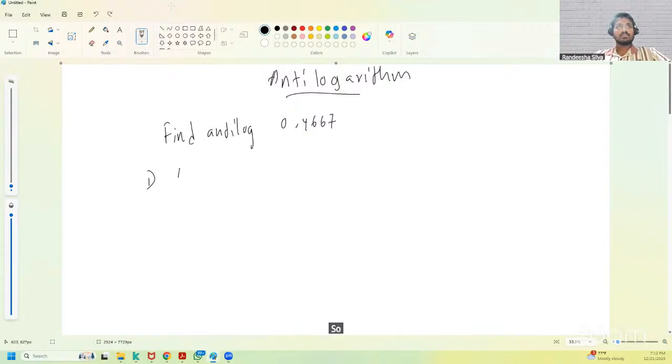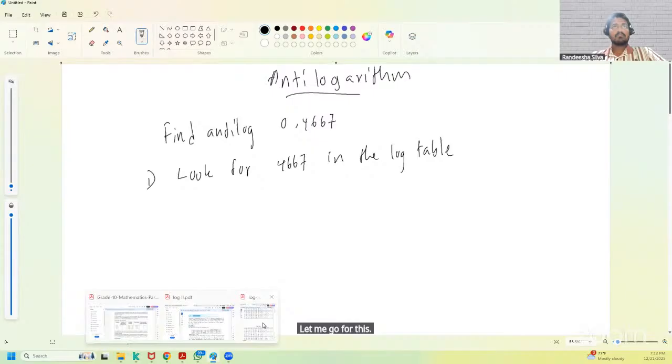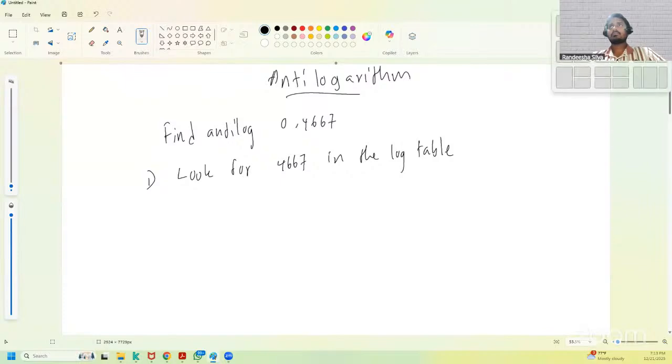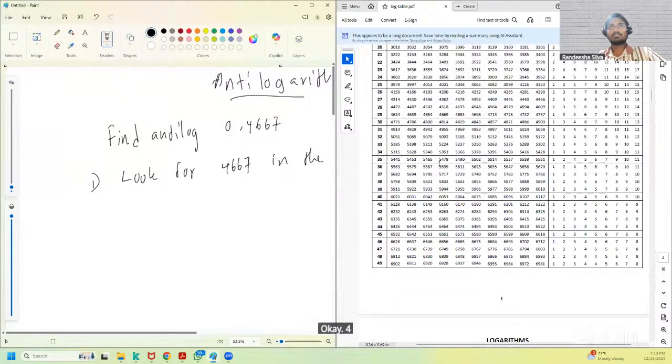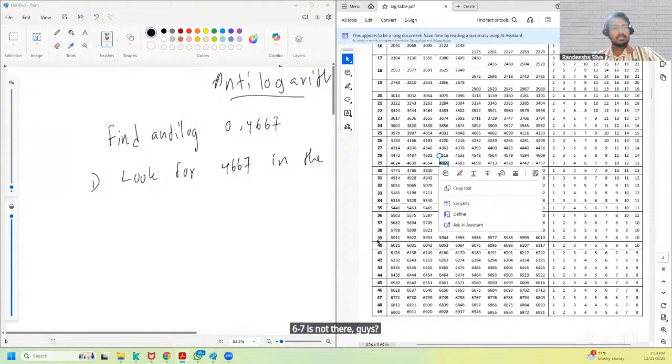So first, look for 4667 in the log table. You have to go to the log table and look for this 4667. 46 is here, and for 67 we have to go across. 67 is not there, guys. 69 is here, but can we go?